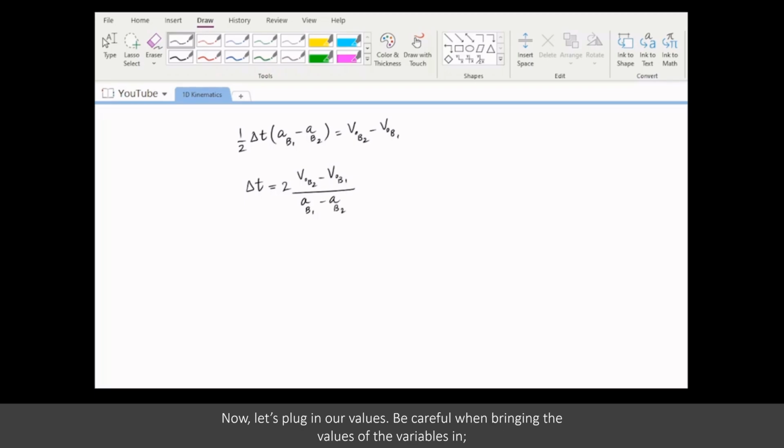Now let's plug in our values. Be careful when bringing the values of the variables in. The sign and the unit are essential to write.